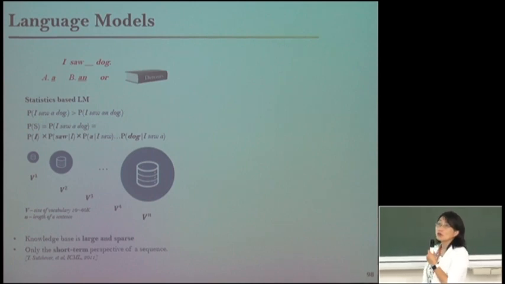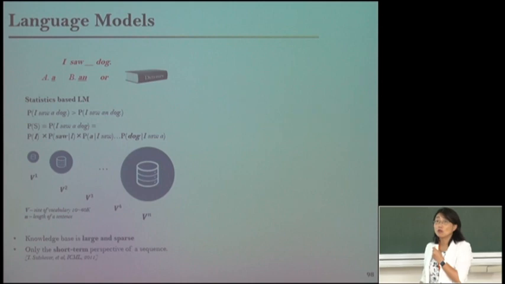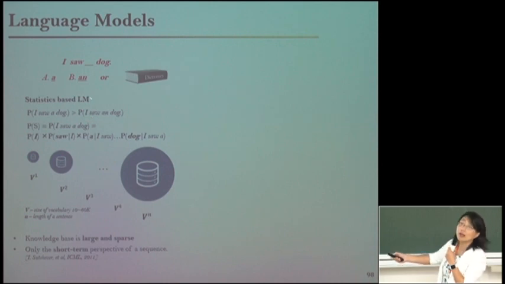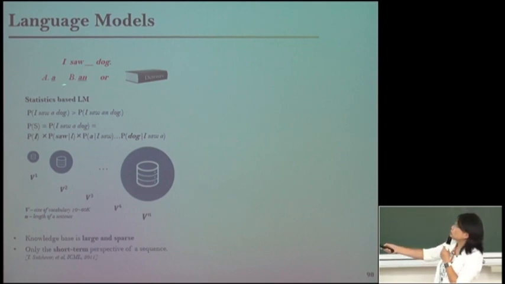What people do for the statistical analysis is they try to analyze the probability of "I saw a dog" versus the probability of "I saw an dog." The first one has a higher probability, so the computer will choose A and fill it into the space here.